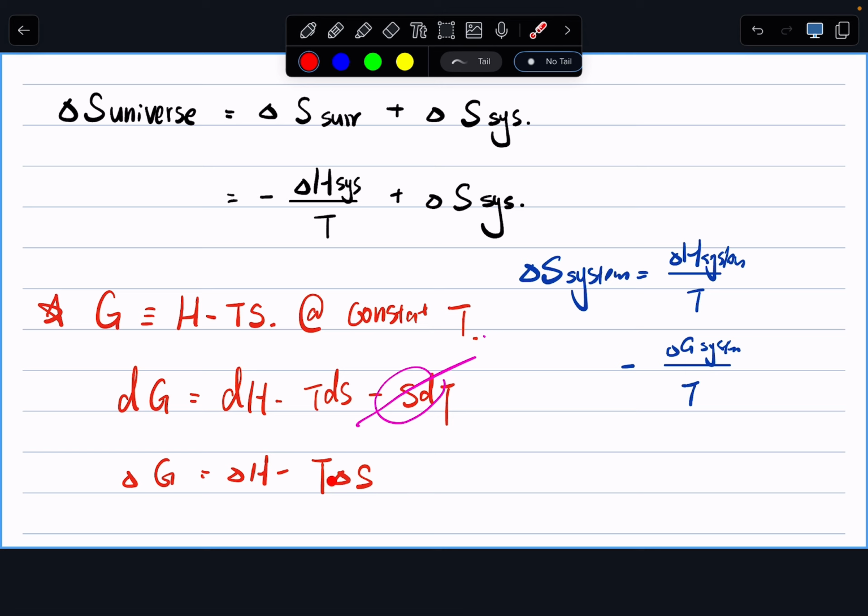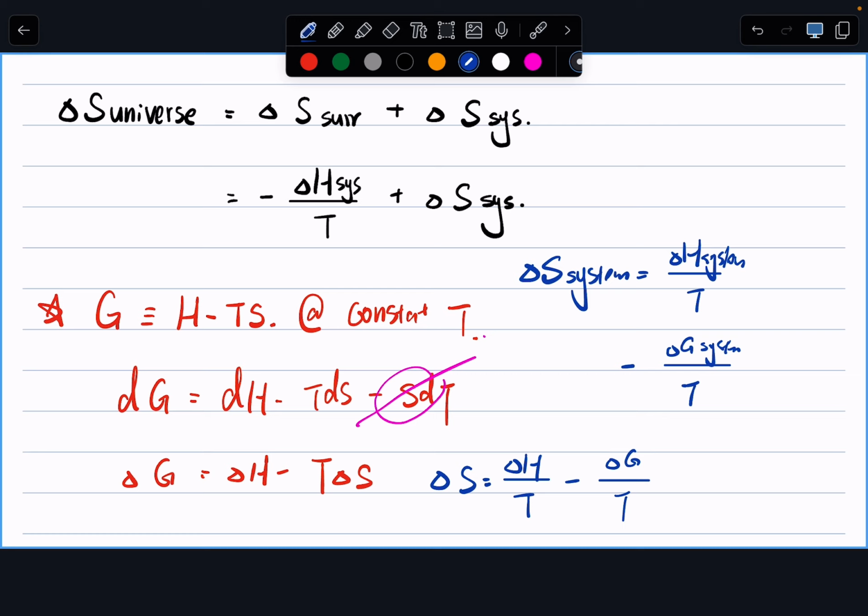We're just solving for delta S from this equation, right? Delta S equals delta H minus delta G over temperature. That's where this comes from. So far, so good? Let me just rewrite: delta S equals delta H over T minus delta G over T for any constant temperature process.